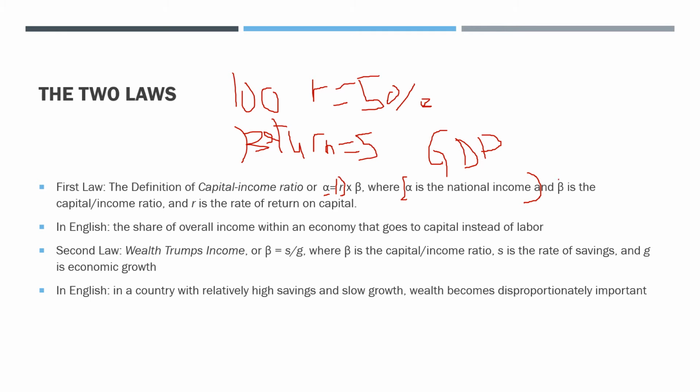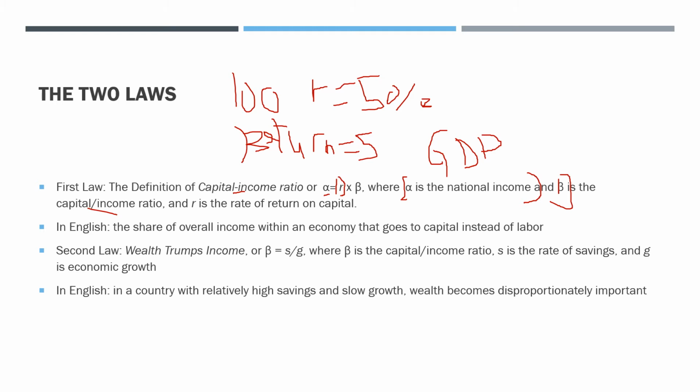And then beta is the capital income ratio, right? Which is confusing, right? Because the capital income ratio is defined by this dash and this is defined by the slash. But the capital income ratio, I'm going to explain what it is shortly. It's not that difficult to understand.